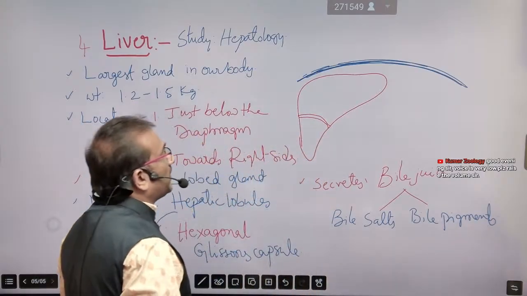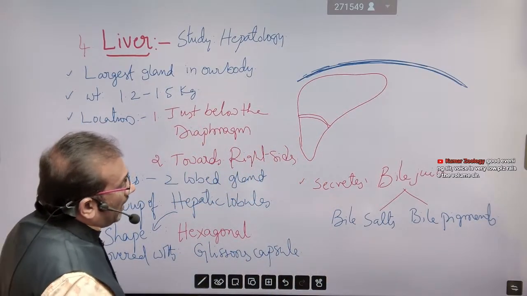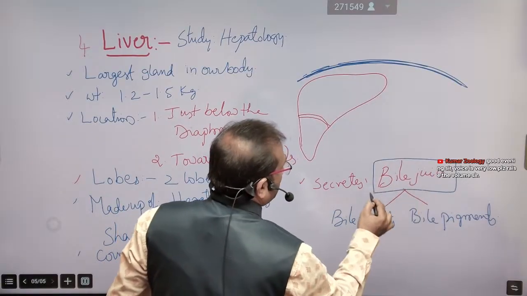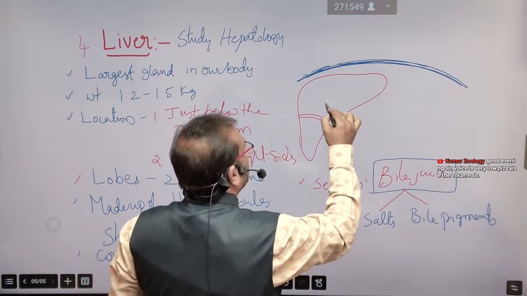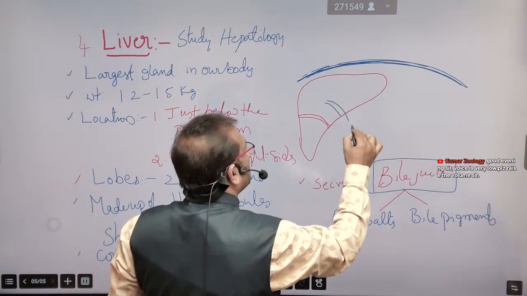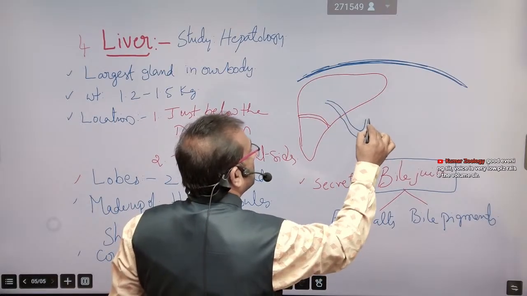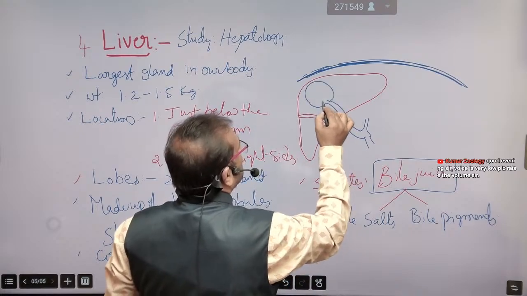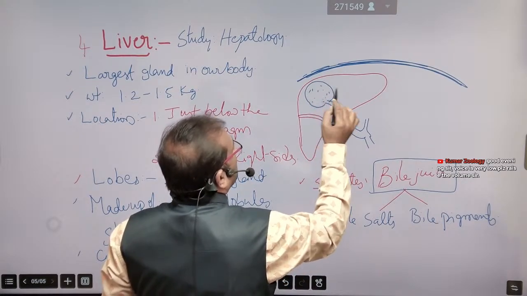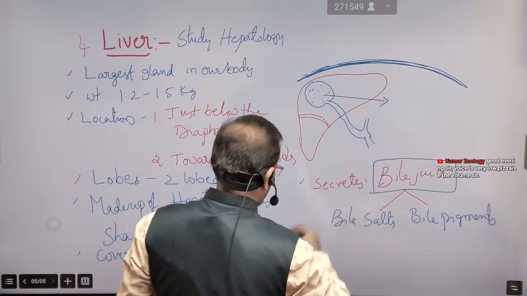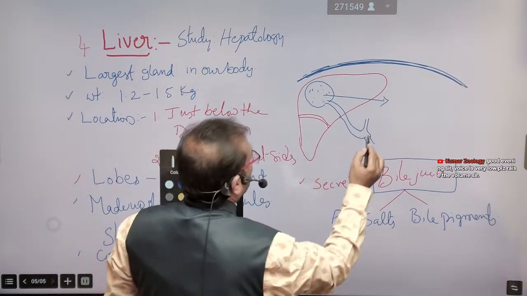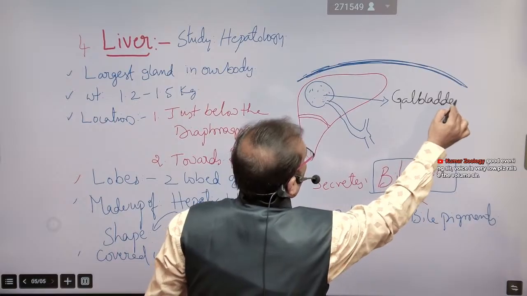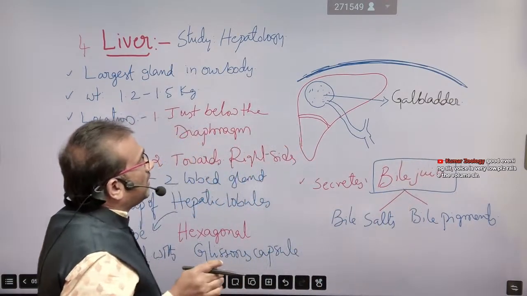Bile salts and bile pigments are present, and the bile juice secreted by the liver is stored in the gallbladder.